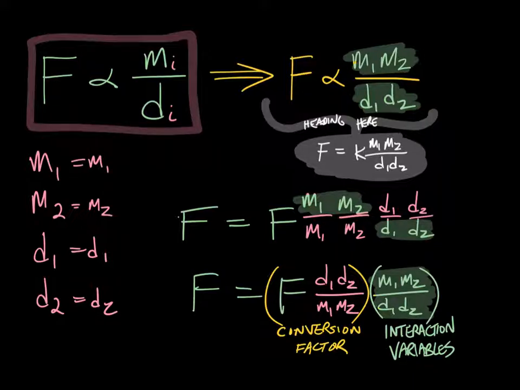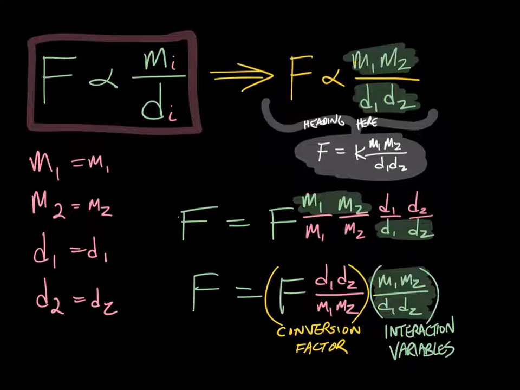Because how else are you converting mass squared over distance squared to newtons? Somehow I got to get kilogram squared over meter squared to be kilogram meters per second squared. Because that's what a newton is. And newtons is the unit for force. And we started with force. Force has to equal force. It clearly equaled force. This force equaled that force. And all the dependencies are lumped into it now. All right? So this is the conversion factor.